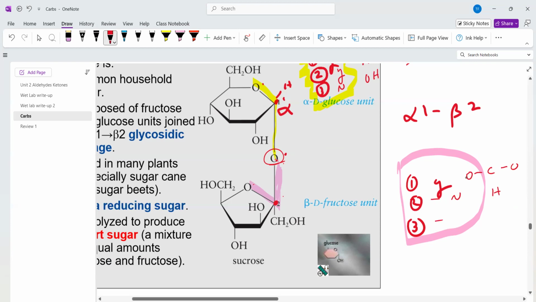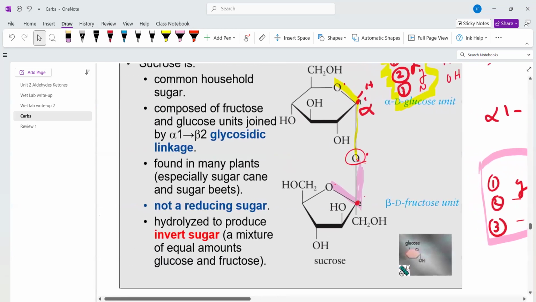And we have no OH. So that makes this a ketal, not a hemi. A reducing sugar requires a hemiacetal. There is no hemiacetal here, so this is not a reducing sugar.